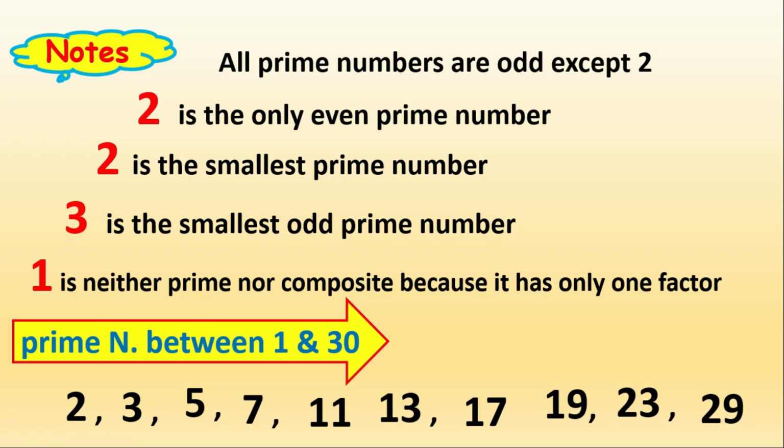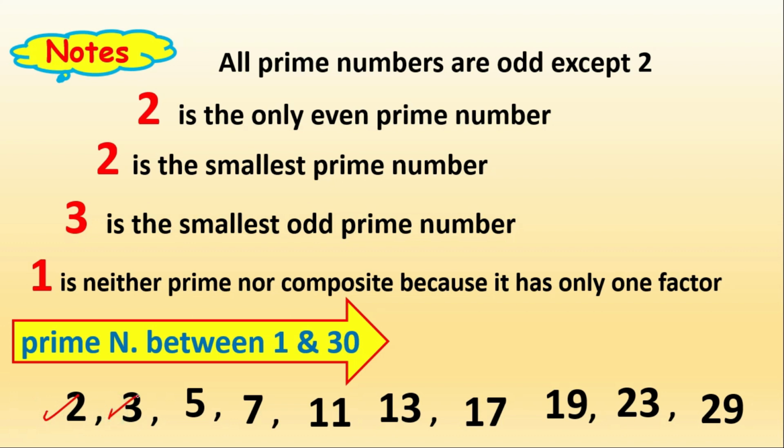That means 1 is not a prime number nor a composite number. Why? Because it has only one factor. The first prime number is 2 because it has only 2 factors, 1 and 2. So the smallest and first prime number is 2.